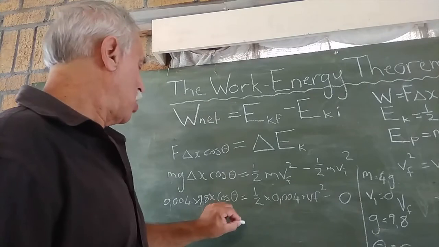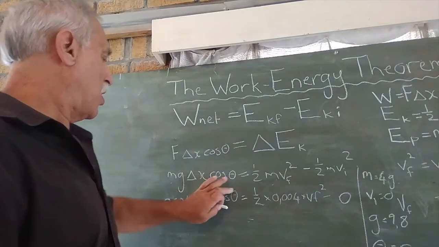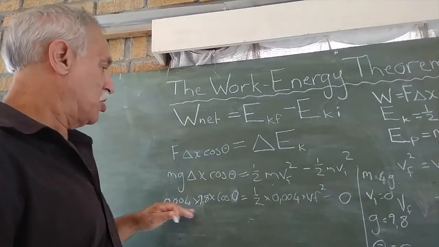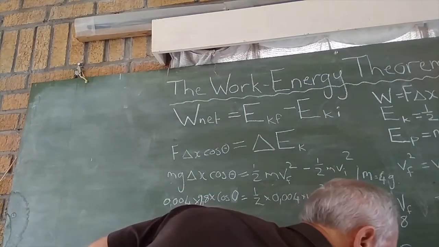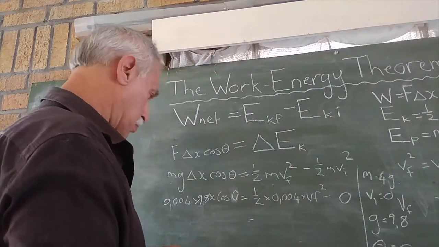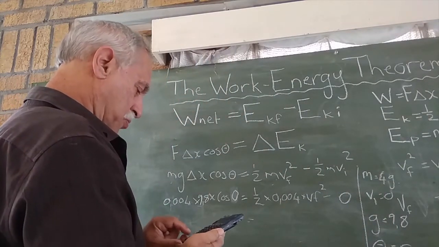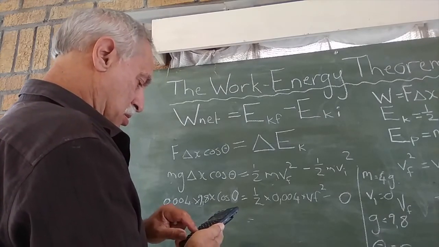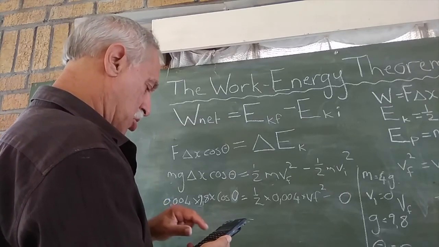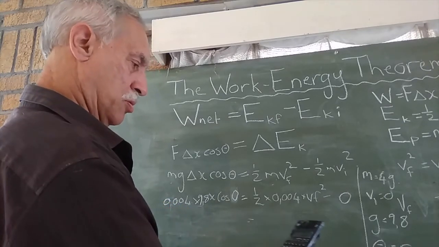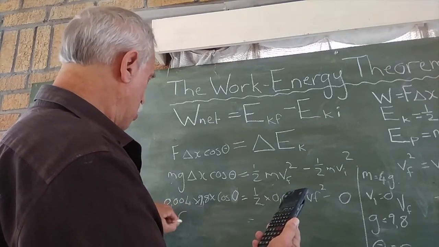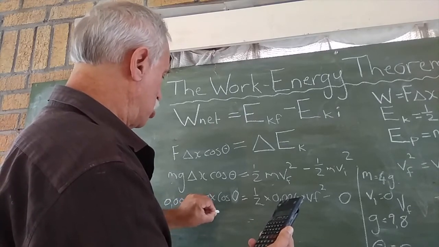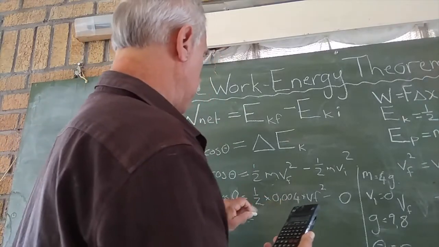And this theta here should be 0. Right, so let's do the calculation here on this side. We got 0.004 times 9.8 times cos 0 equals 0,0392 equals a half.